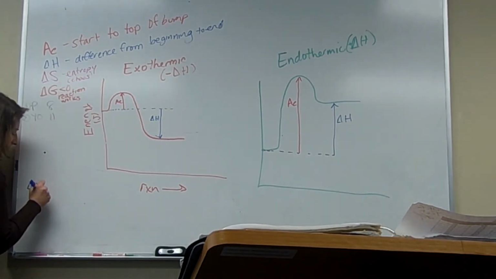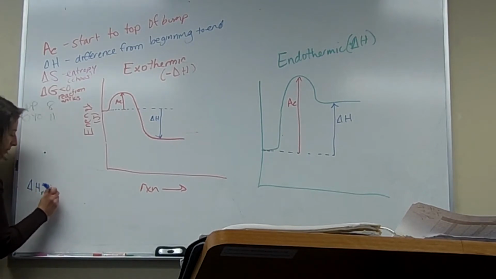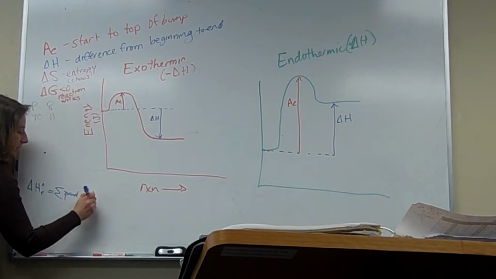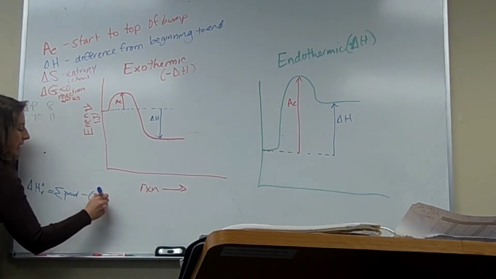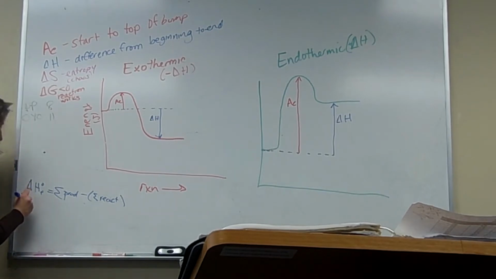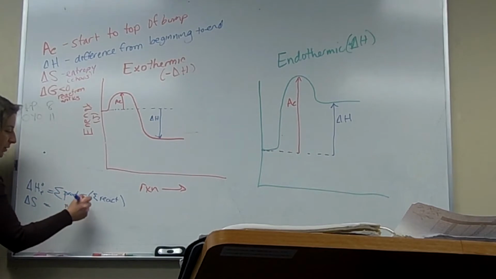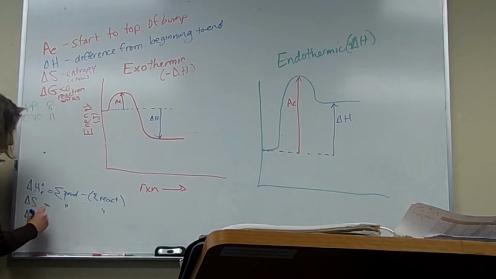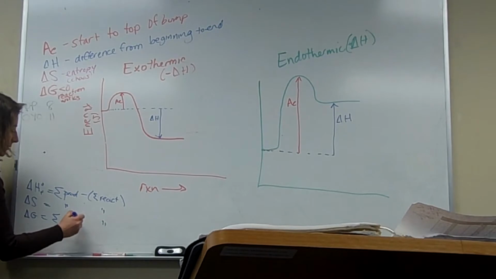Like the delta H for Hess's law is going to be the sum of the products minus the sum of the reactants. And it's exactly the same for entropy. It'll be sum of the products minus sum of the reactants, but you just use chart 13.3 instead of 13.2. And for Gibbs, you can do the exact same thing, products minus reactants.